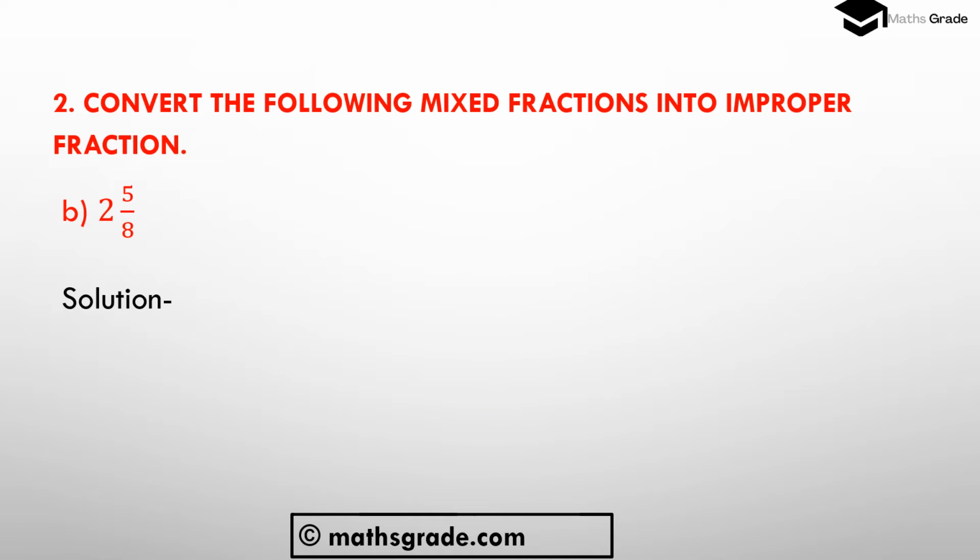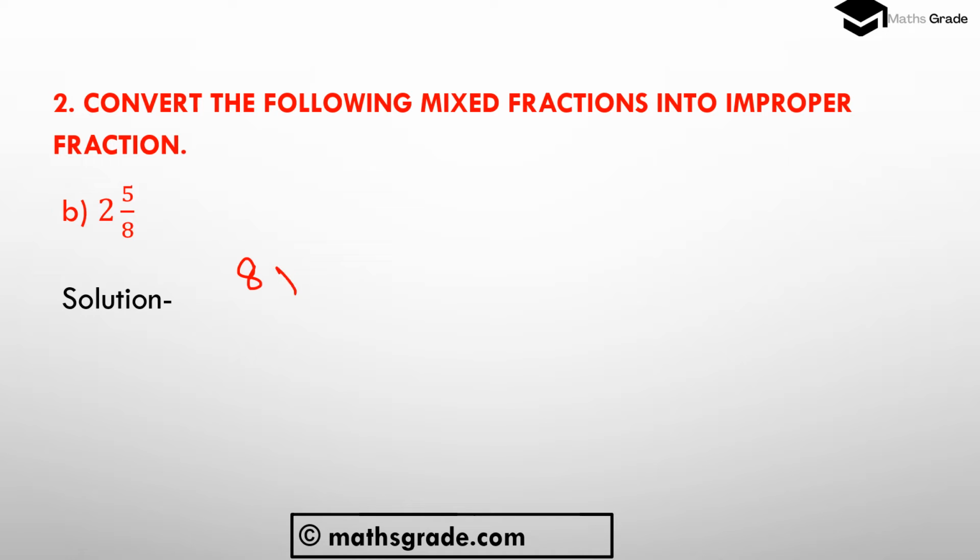Now question number 2, part B, 2 and 5 divided by 8. This is a mixed fraction. We have to convert this mixed fraction into an improper fraction. When we convert a mixed fraction into an improper fraction, just multiply the denominator with the natural number, that is the whole number, then add the numerator, divided by the denominator. So here the denominator is 8.